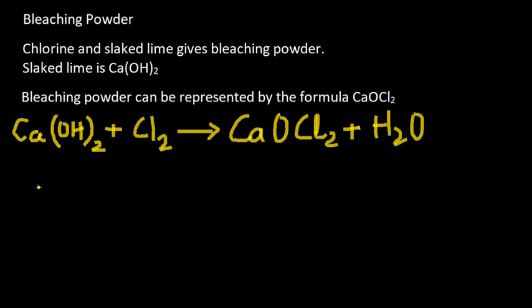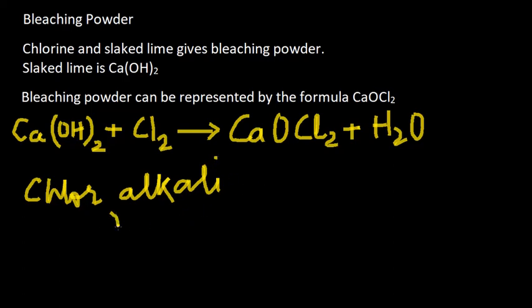Now you have to understand that the chloralkali process, which we had discussed in the other video, gives us chlorine, and it is this chlorine that is again used to prepare bleaching powder.